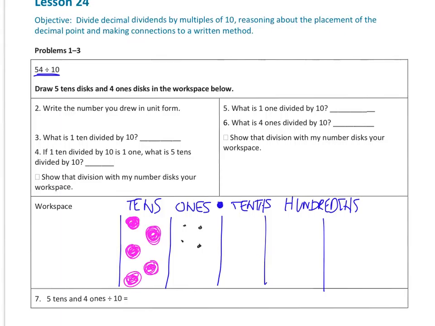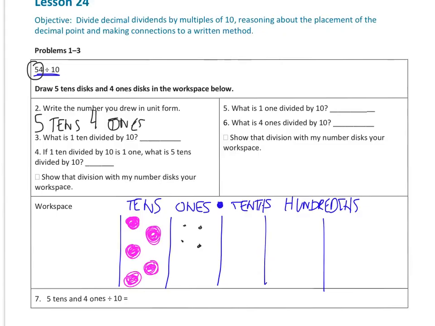So 5 tens, 4 ones, that's 54. So each number I drew in unit form, 5 tens, 4 ones for 54.